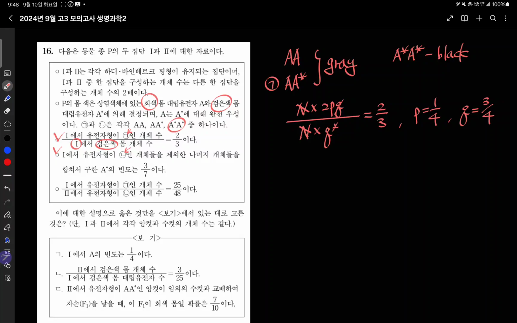We need to exclude this genotype to make this frequency less than half.